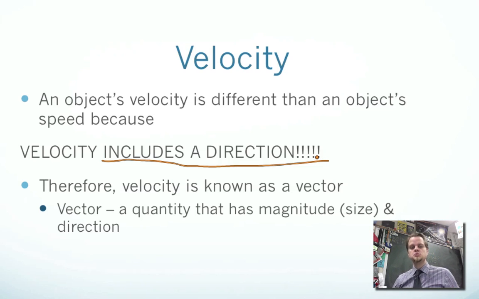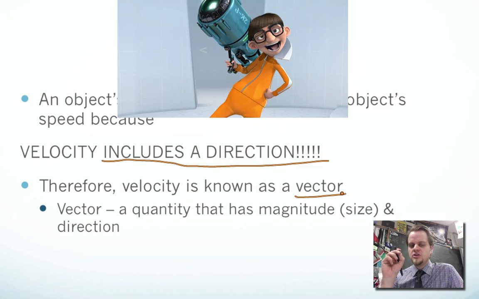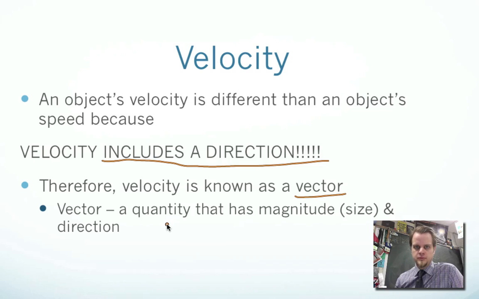Therefore, this is where a little vocabulary comes in. It's known as a vector. Okay? What's a vector? Well, actually, the guy from Despicable Me talks about it correctly. He says that he is magnitude and direction. I should have a picture of him up here, but that's okay. A vector is a quantity, like velocity, that has a magnitude, or a size, and a direction. That means it's got, let's say, 1 meter per second. That's the magnitude. 40 miles per hour.